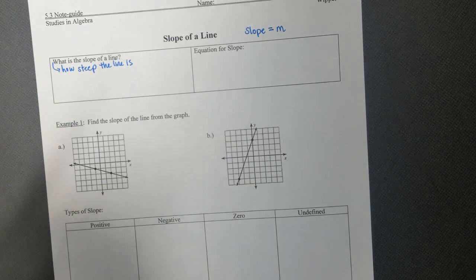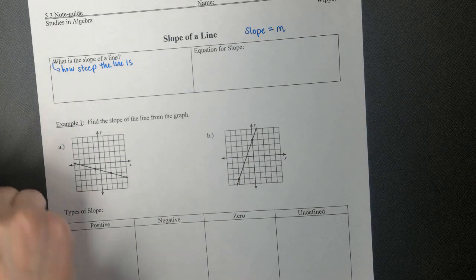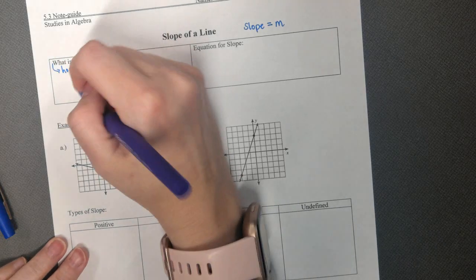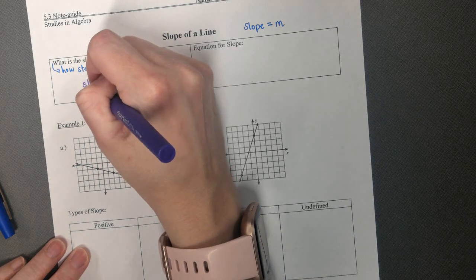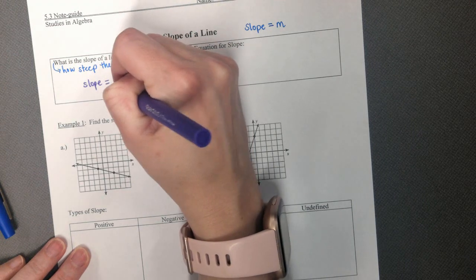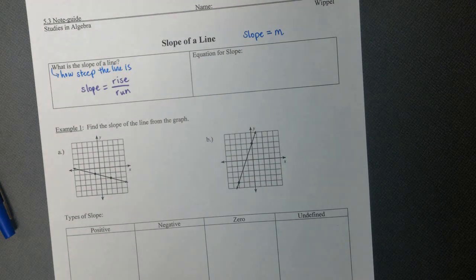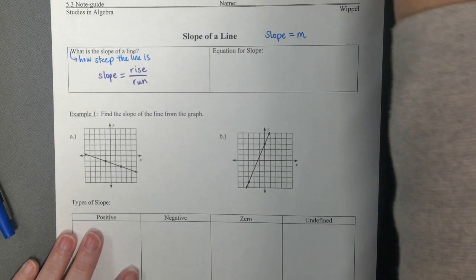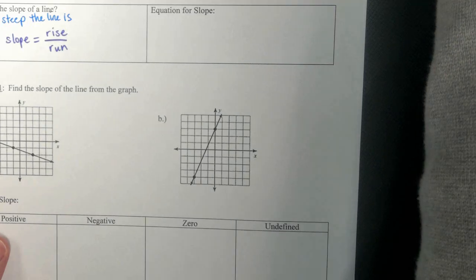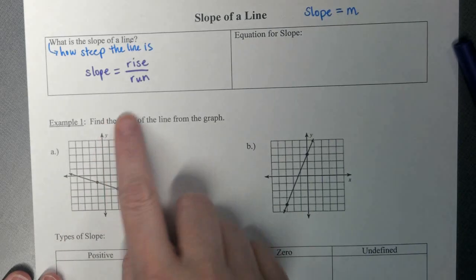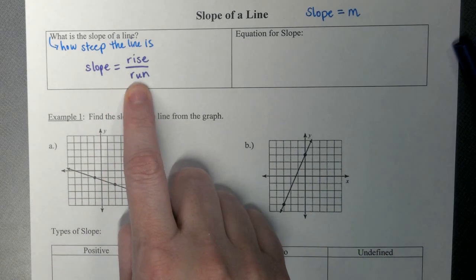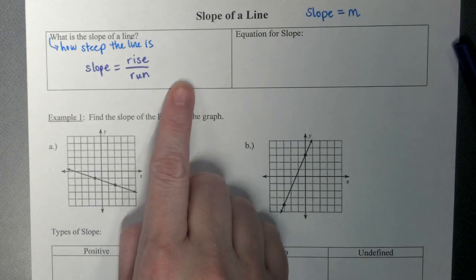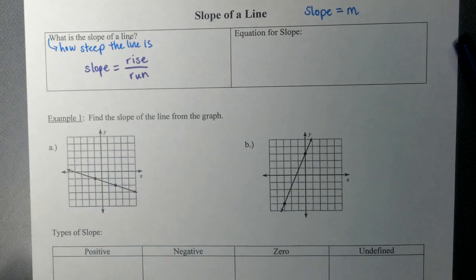Okay, sometimes you'll also hear the slope described as the rise over the run. Is that something you guys have heard before? For me, the rise always made the most sense because when you're rising, you're going up and down. The run, I think of literally running, right? If you're running, you want to run on a flat surface because that's easier.